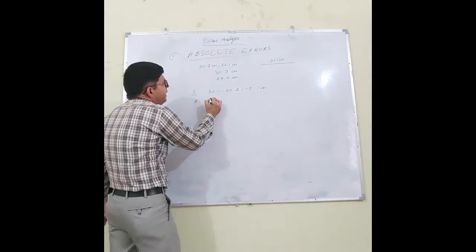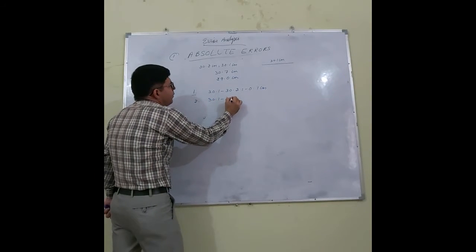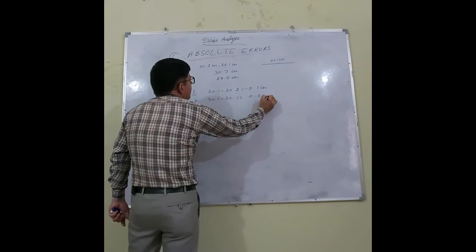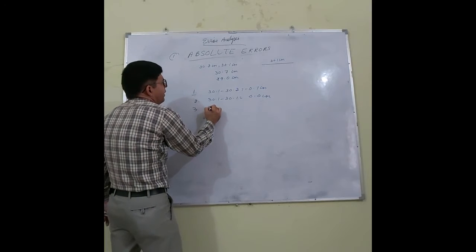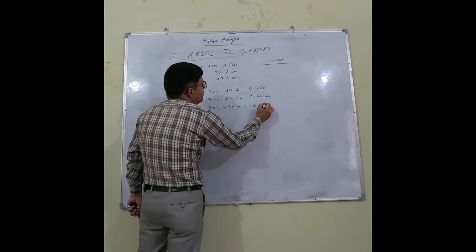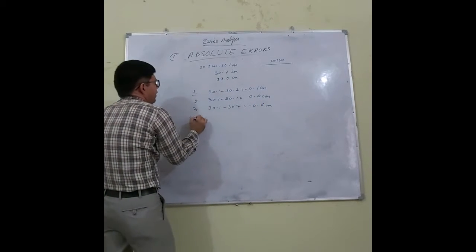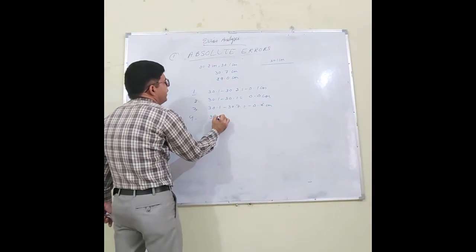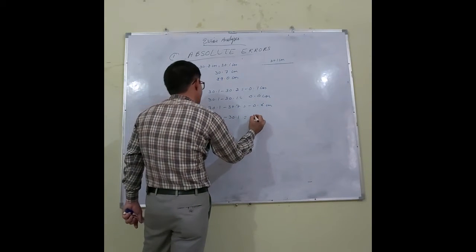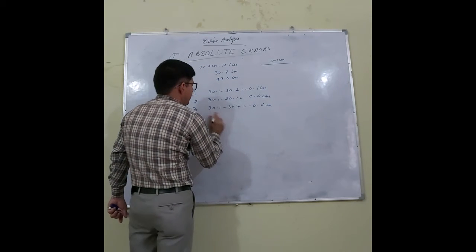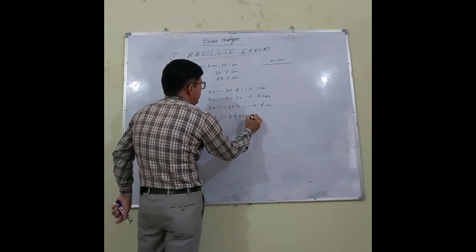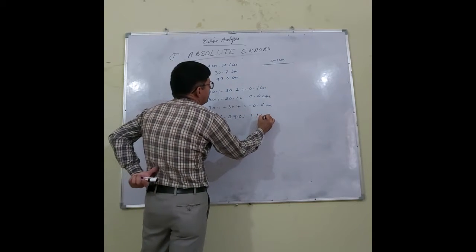In the second reading, 30.1 minus 30.1, it is 0 centimeter, and for 30.7, it is minus 0.6 centimeter, whereas in the fourth case it is 30.1 minus 29.0, it will be 1.1 centimeter.